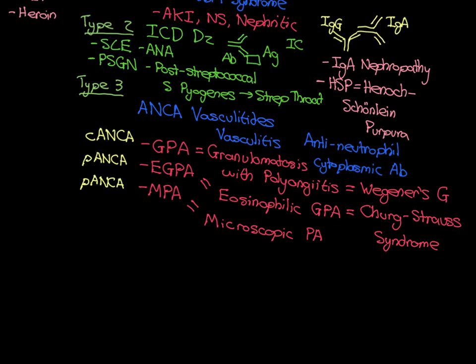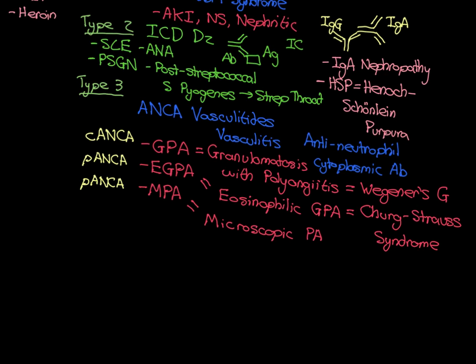This classically affects a huge number of capillaries. It classically affects the capillaries of the glomeruli of the kidneys and therefore can lead to a horrendous glomerulonephritis, usually rapidly progressive glomerulonephritis. So again, it could present with AKI, nephrotic syndrome, nephritic syndrome, and if it goes on for long enough, it's going to lead to CKD.